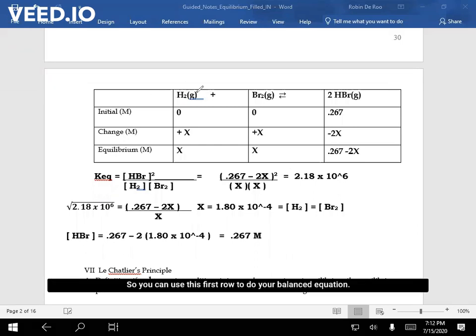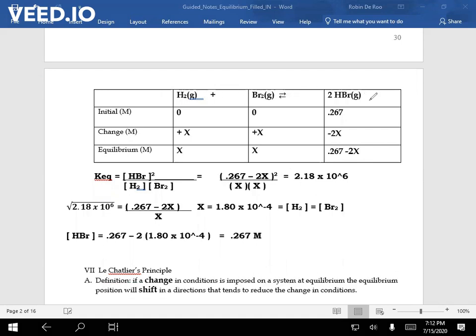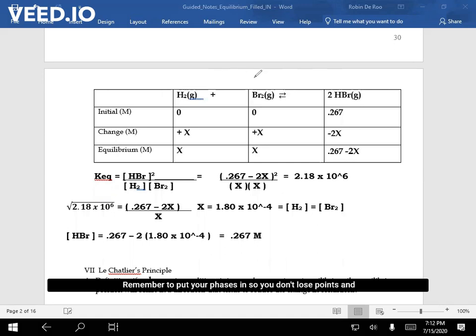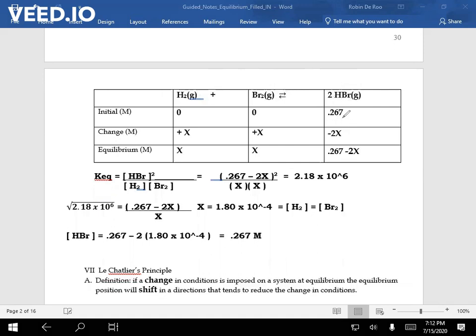So you can use this first row to do your balanced equation. Remember to put your phases in so you don't lose points. And remember to put your equilibrium arrows in. So this is your balanced equation. And then if you look at the question, it told you how much you had of the hydrogen bromide. So that's your starting.